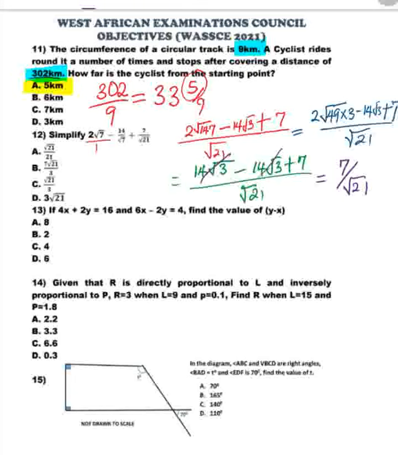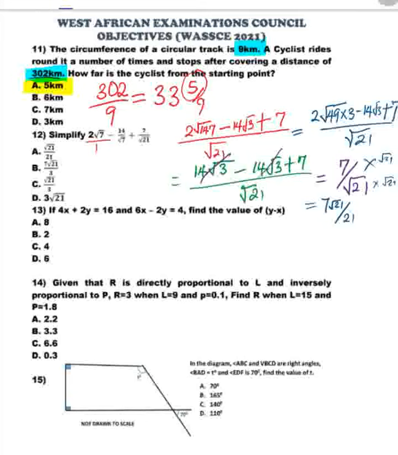Now we have to rationalize this expression, and we're going to do that by multiplying the top by root 21 and the bottom by root 21 as well. And this is going to give 7 root 21 over 21.